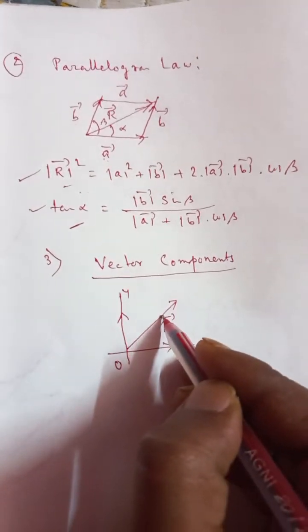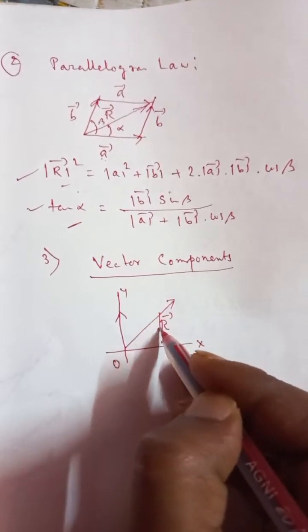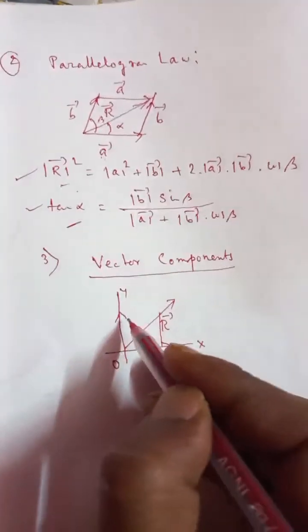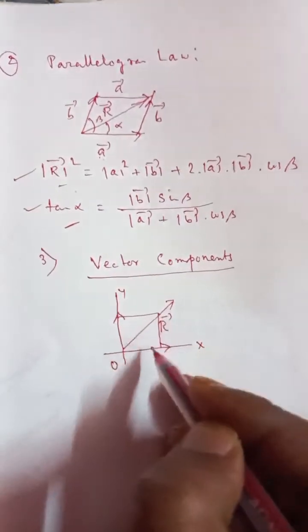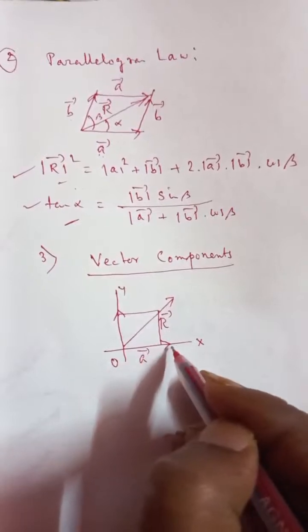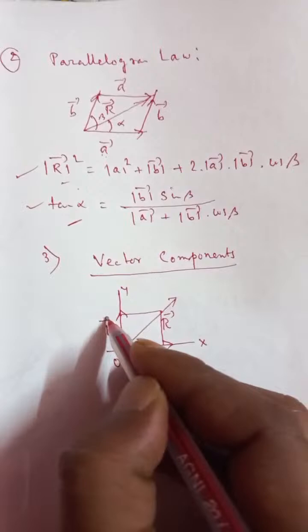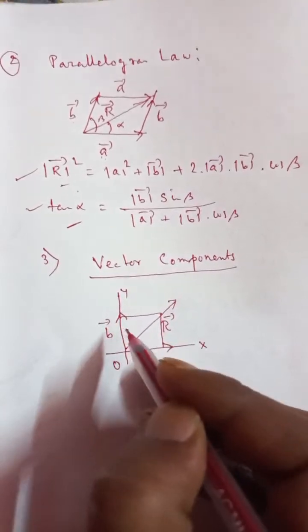So here, if we join these points, the components are a vector A which acts along the x-axis and another component vector B which acts along the y-axis.